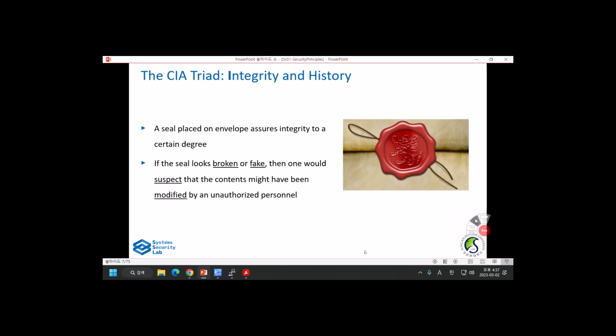So this was a good enough integrity measure back then. By placing a seal on the envelope, we can ensure the integrity of the letter. If this was broken, then we know that something bad probably happened to the letter.